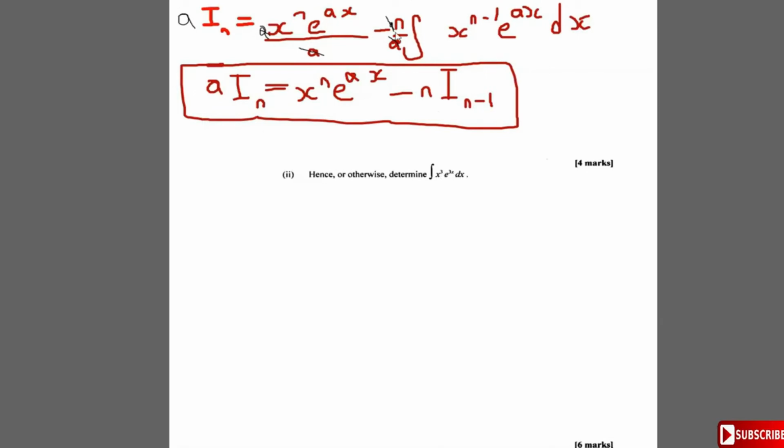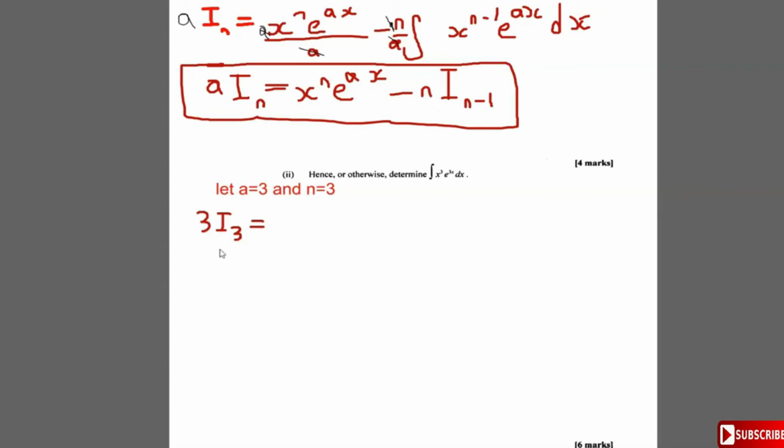All right. So I like to write down what we do. We're going to let a be equal to 3 and n be equal to 3. So if we let a be 3 and n be 3, we're going to get that this becomes 3 I3 is equal to, because remember this by right is I3.